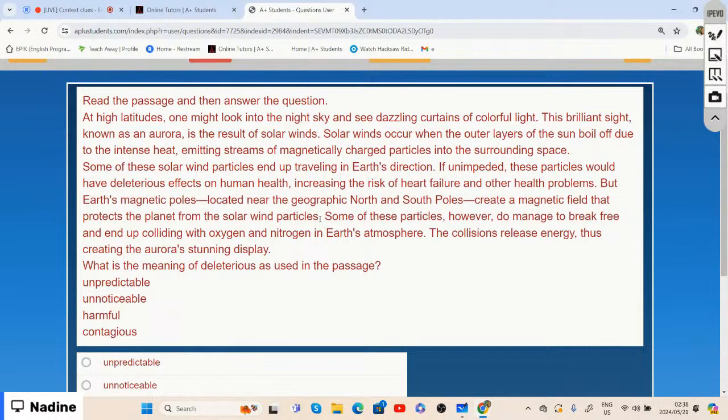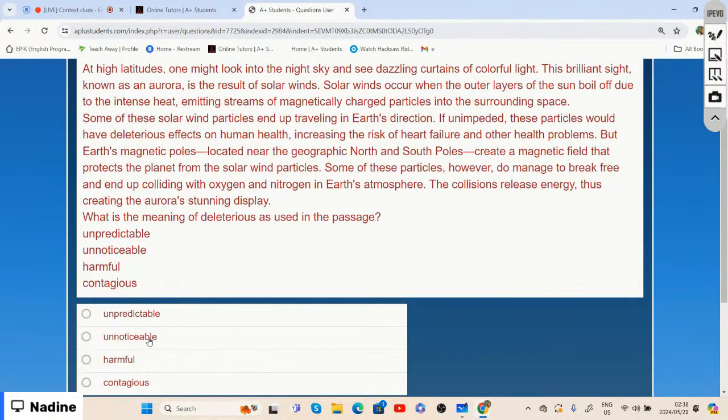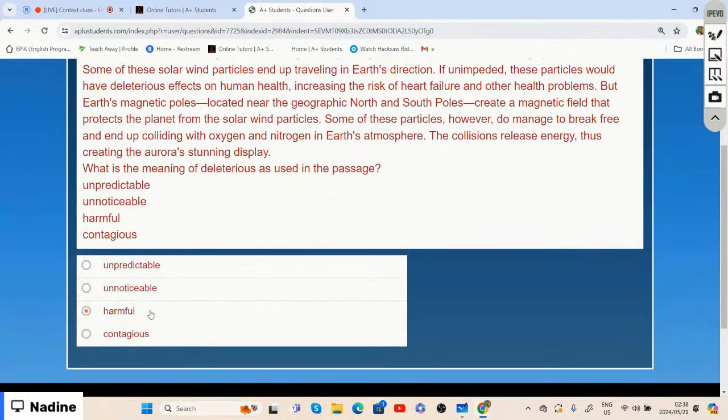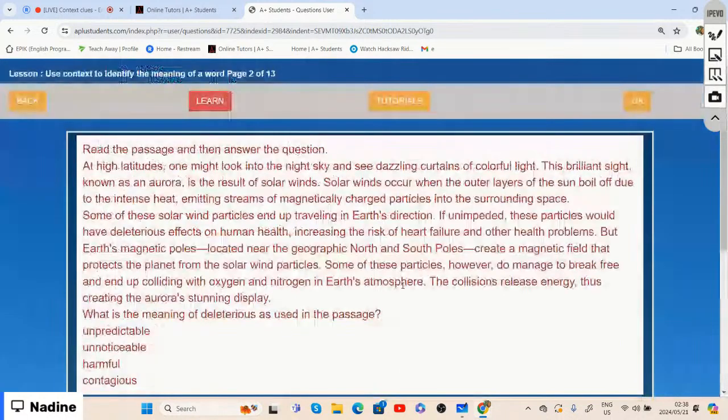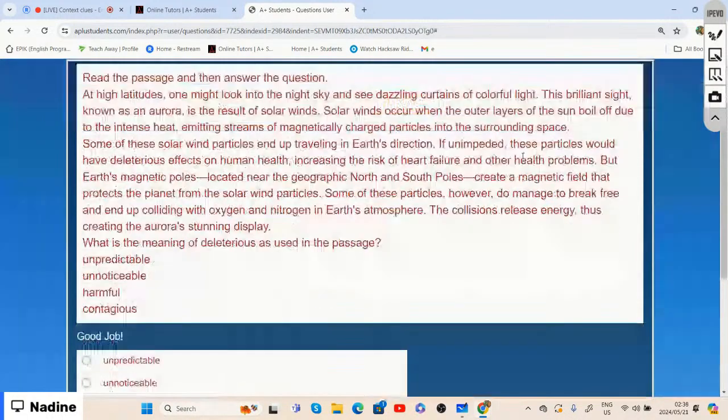If we look at the word deleterious, even in our previous lesson, it means harmful, right?